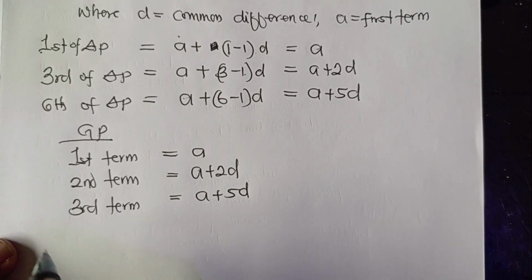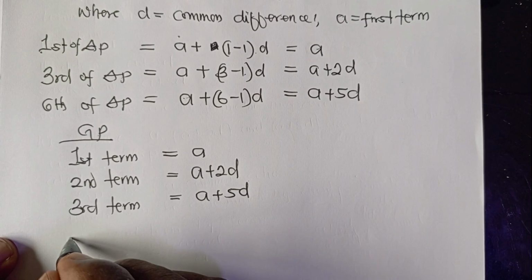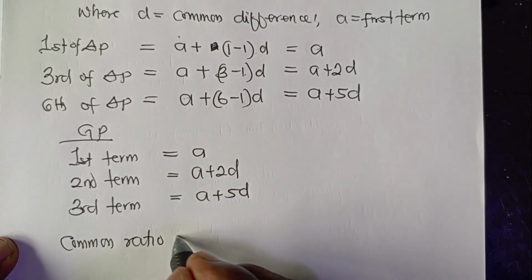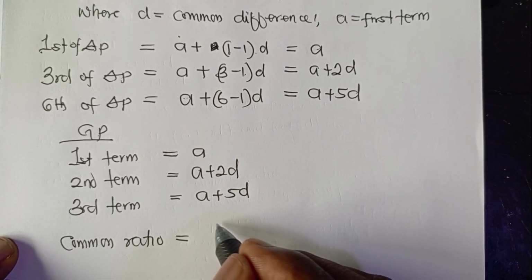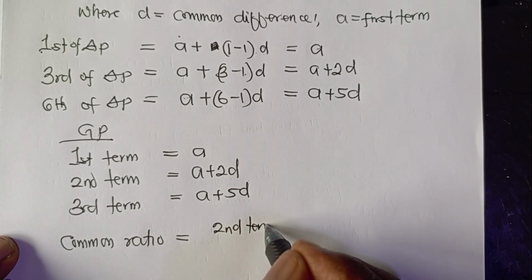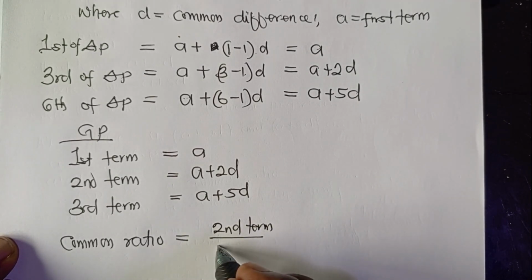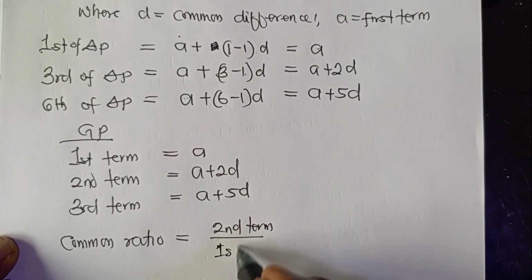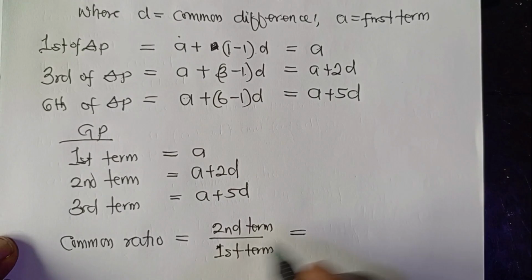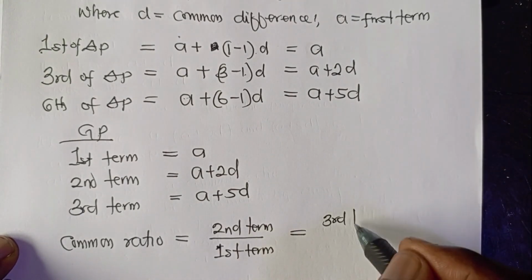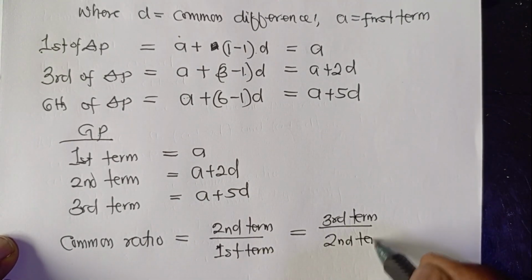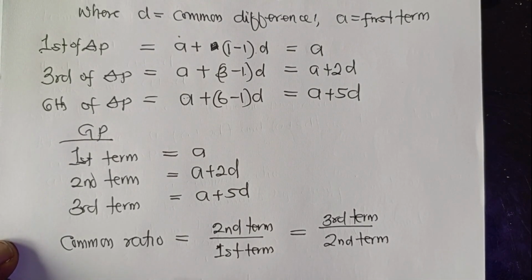So when we want to get our common ratio, it can be determined by taking the second term divided by the first term, which can be equated to the third term divided by the second term. This condition must be met if it is a common ratio.